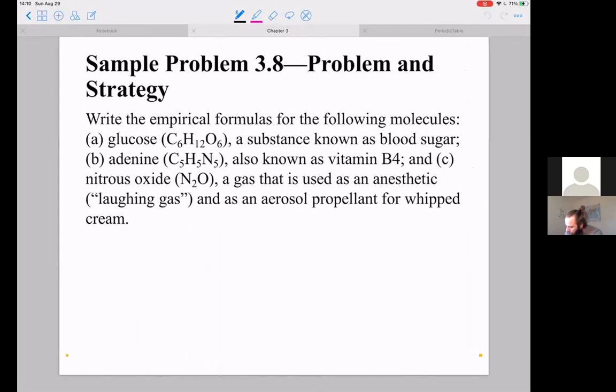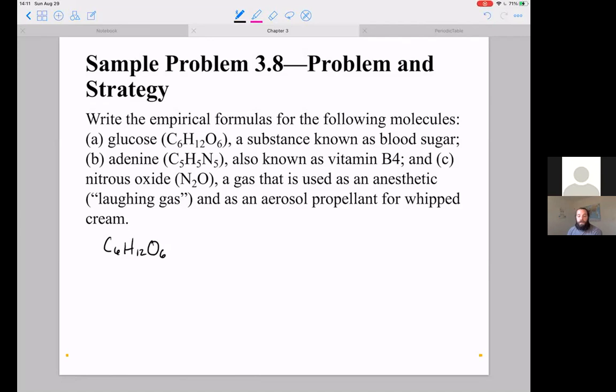Okay, so for example, we're going to take a few of these molecular formulas and find the empirical formula. So glucose, C6H12O6. How can we reduce this to the simplest empirical formula?